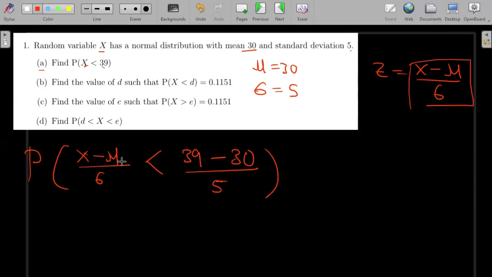So x minus mu, or minus the mean, divided by the standard deviation, is just the same as z. So this is the probability of z being less than 39 minus 30 over 5.